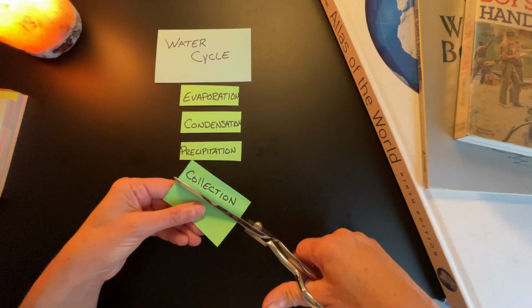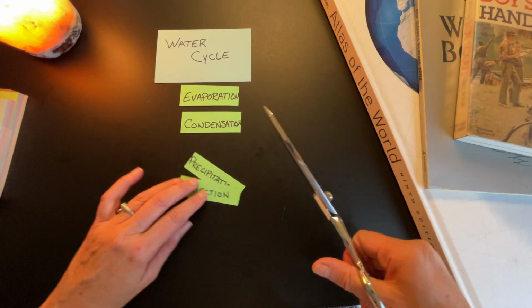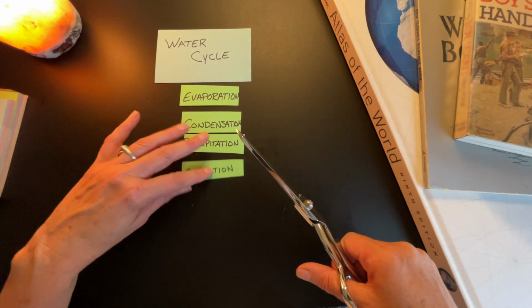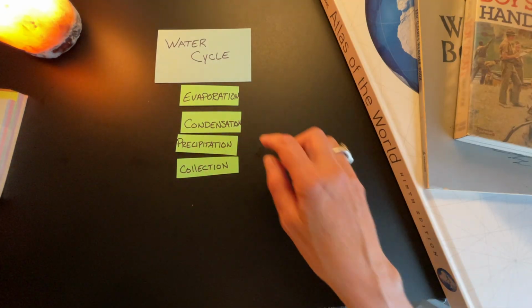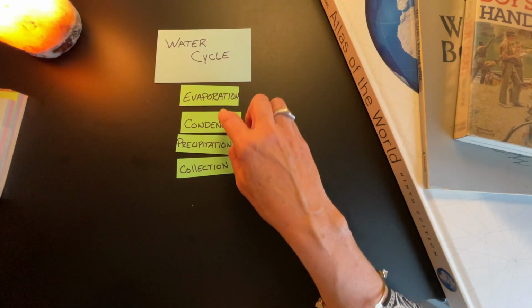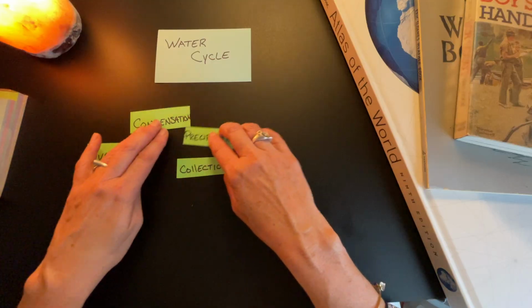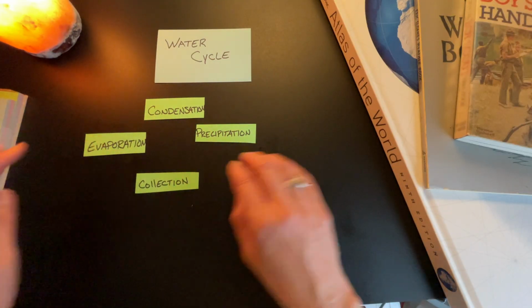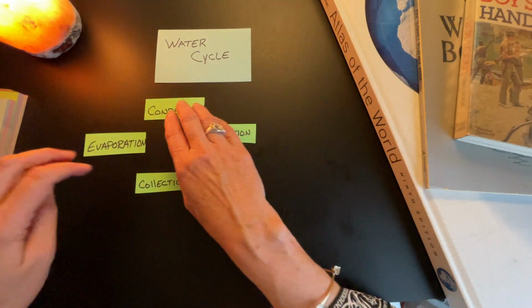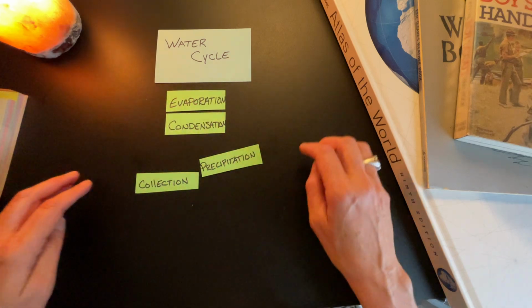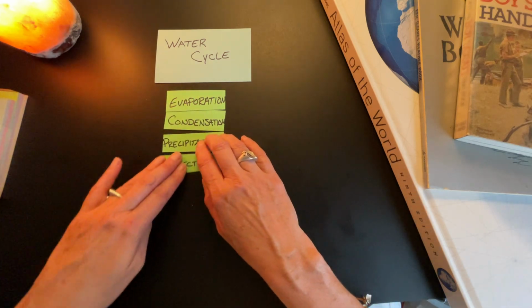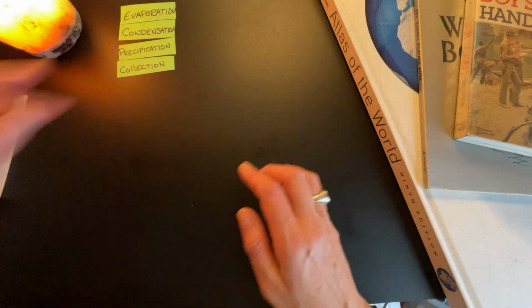And then it once again collects onto the ground and into the groundwaters. And so it's the cycle. Evaporation to condensation to precipitation to collection.